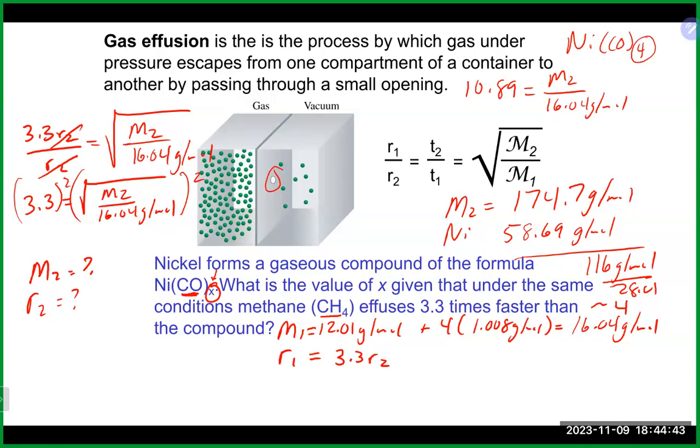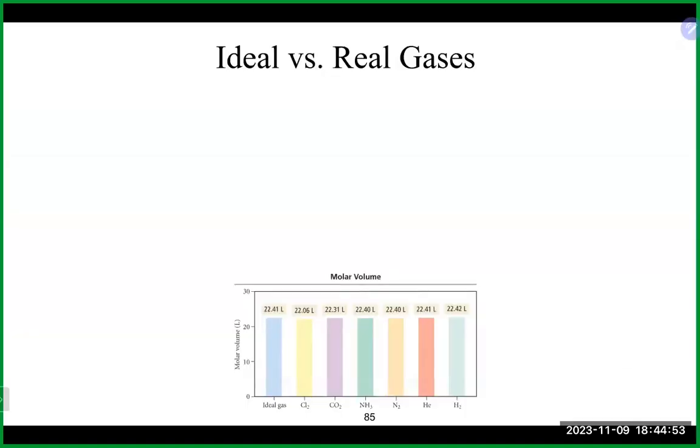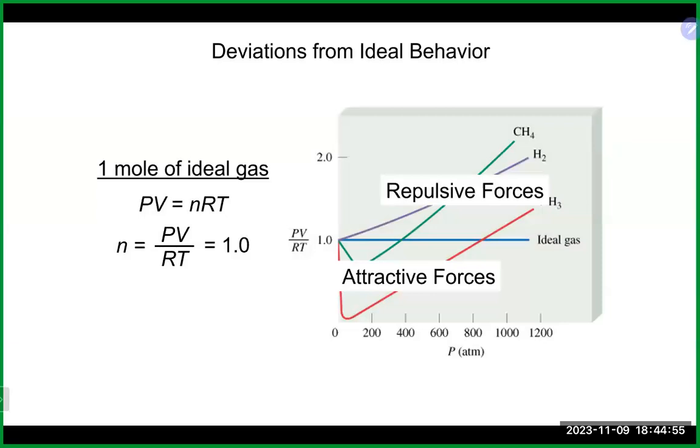All right, then we're going to finish up this chapter talking about deviations from ideal gases. We've been talking about pretty much ideal gases the whole time. When we deviate from the ideal situation, these are sometimes referred to as real gases, or non-ideal gases.